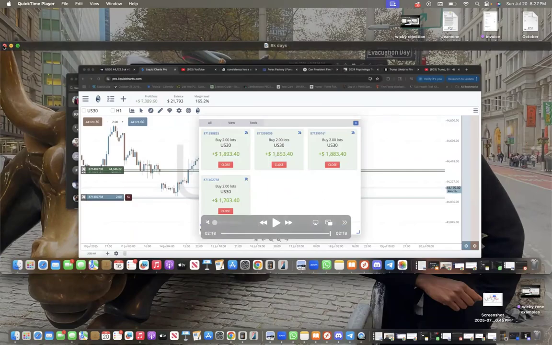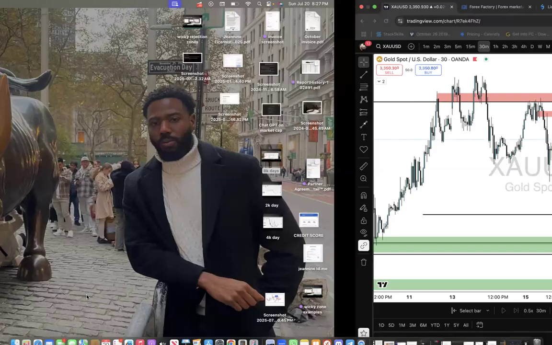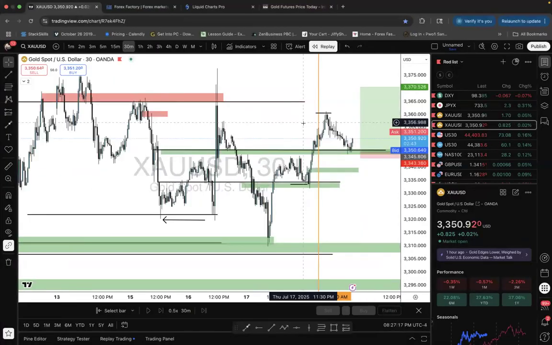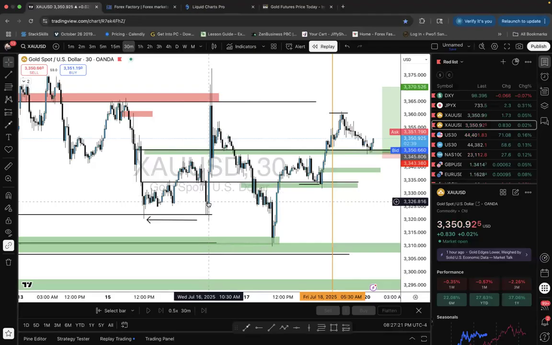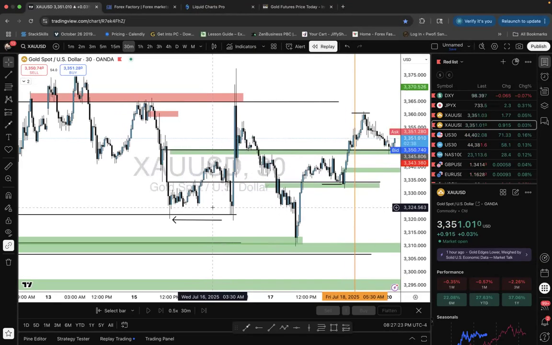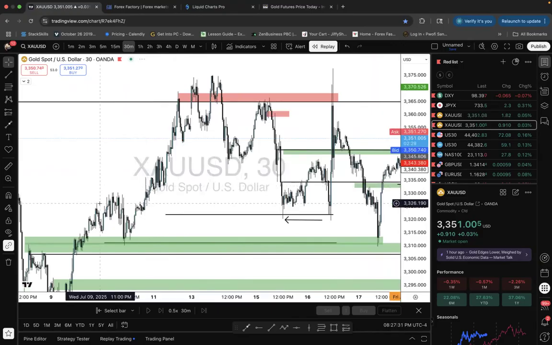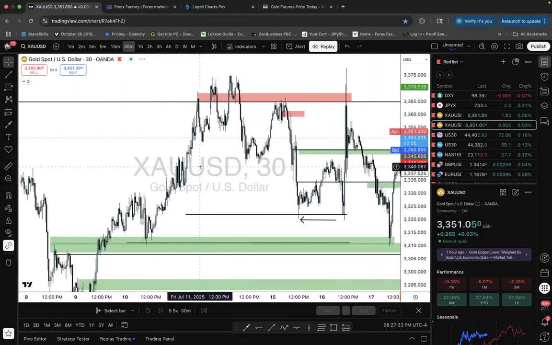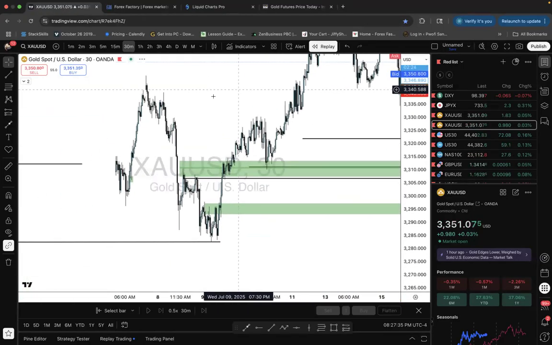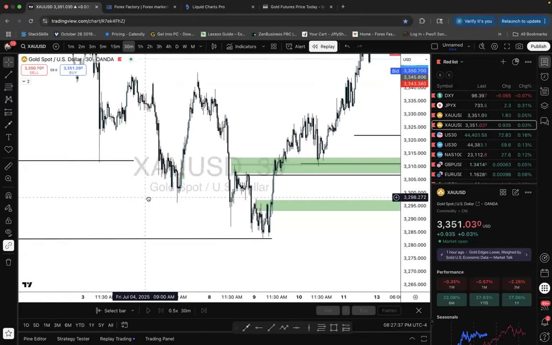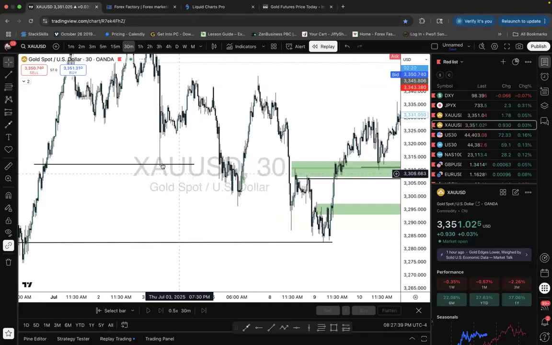Let me close that. It's not what I wanted to show y'all. There it is right here. The 16th. Price sold. Instead of selling, they reversed. So we got to be careful about these areas of rejection because they're very misleading. Don't try and force it.